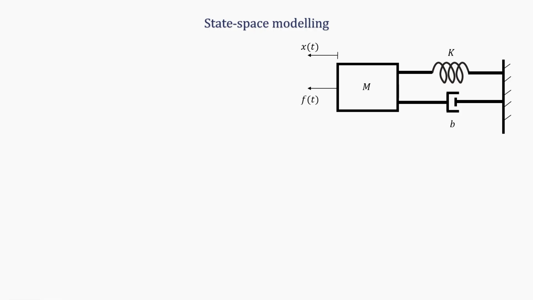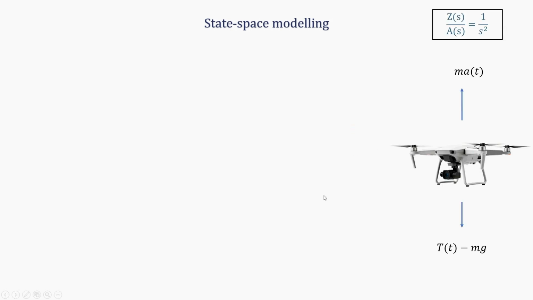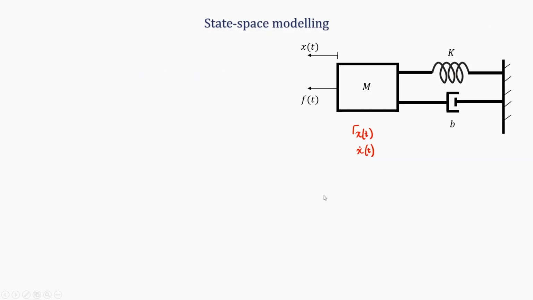In this case, as was pointed out in the last lecture itself, we will choose position and velocity as the state vectors. You can come up with some other state vector also, no problem, but in this case we will say that x and x dot are your state vectors. Capital X I am using for the state vector.